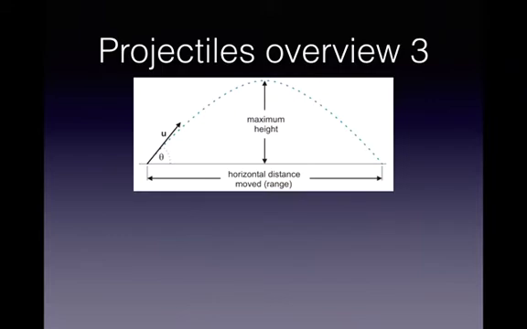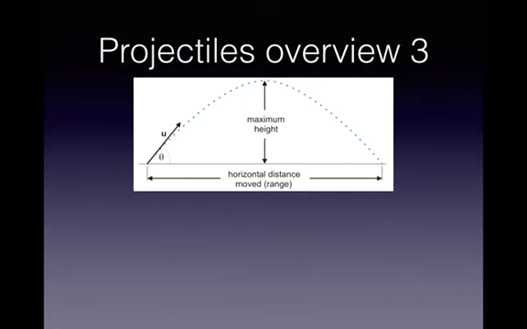Alright, one last thing just to say before the end of this video. You'll see things like the maximum height and the range in a question. The range is the maximum horizontal distance, and that occurs when the particle, after rising up and falling back down, hits the ground again. In other words, it's the horizontal distance obtained at the end of the time that the particle has been flying through the air.